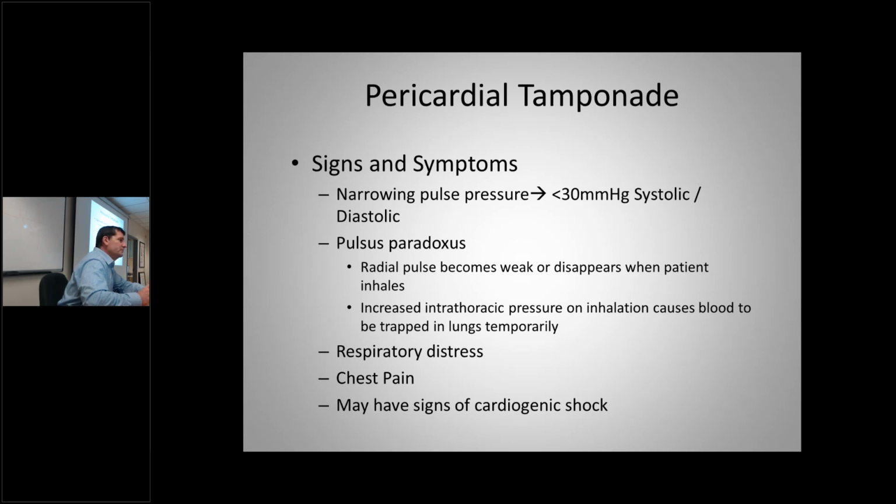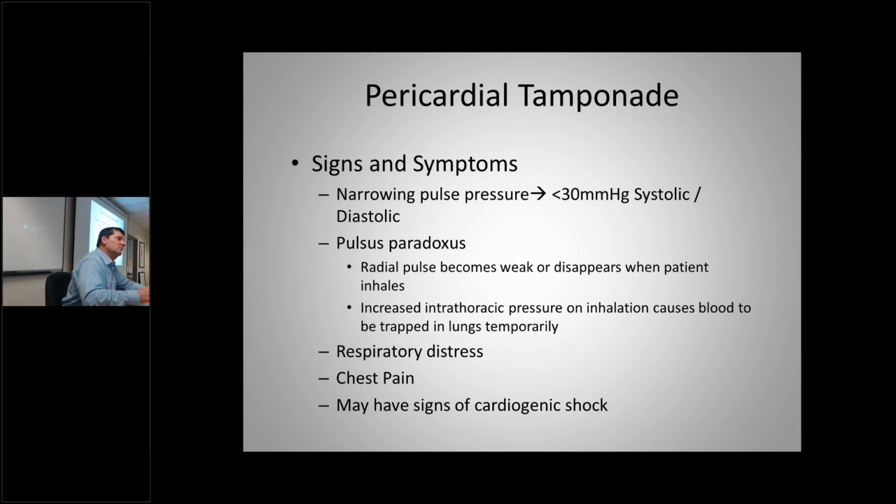Cardiogenic is due to the heart not pumping, whereas hypovolemic is a loss of fluid. So how are they going to present differently? Well, cardiogenic would probably see bradycardia. Okay.